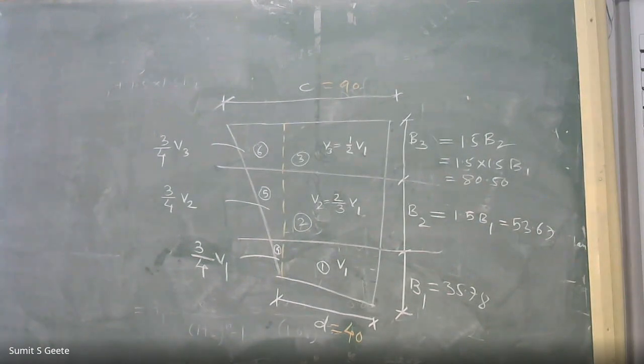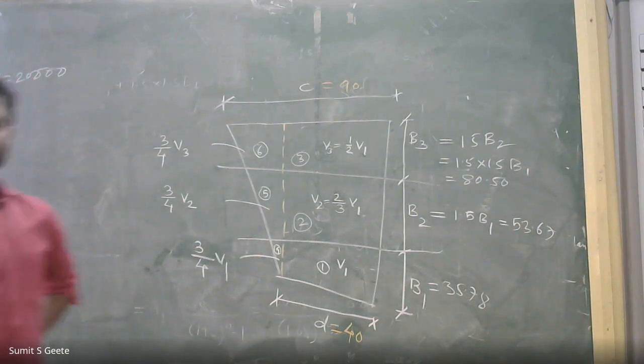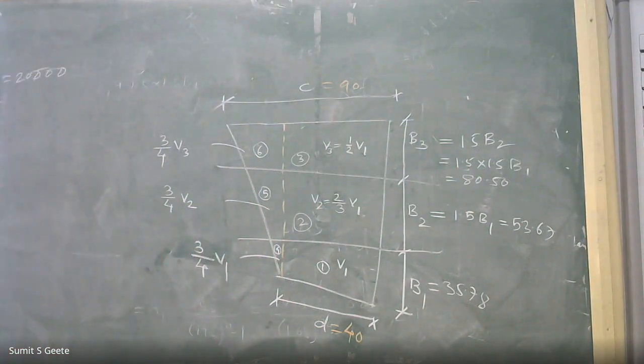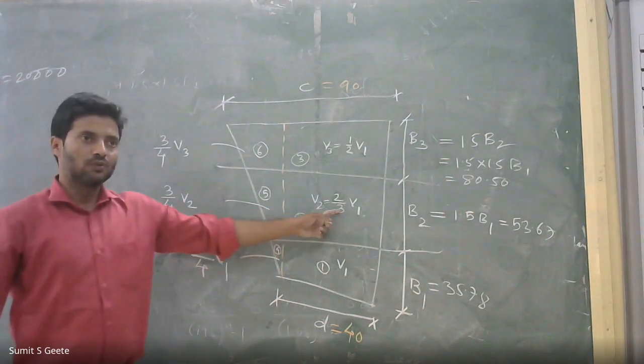Now the second point is the rate. Now my V1 is how much? 20,000 rupees per square meter. So what is V2?